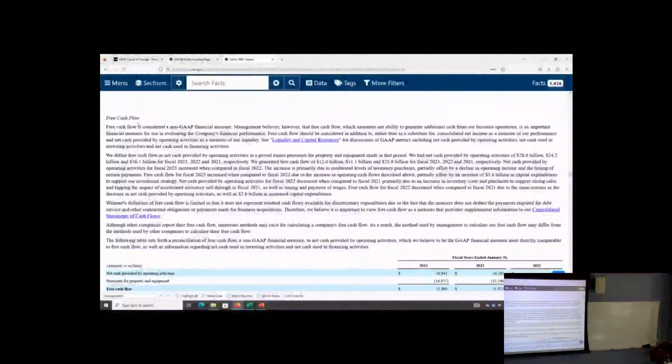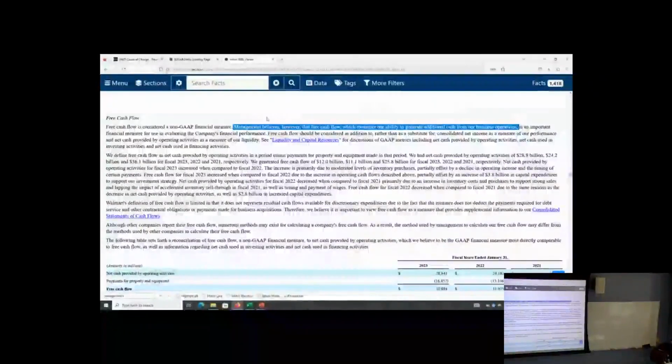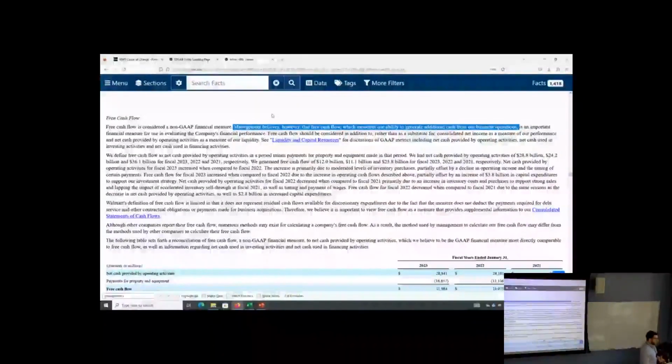This brings us to how they're measuring free cash flow. This is a great way to reflect what free cash flow is trying to get: the ability to generate cash from our business operations. That's why analysts measure free cash flow when we're trying to gauge the value of an asset. Cash flows are what we're concerned about.